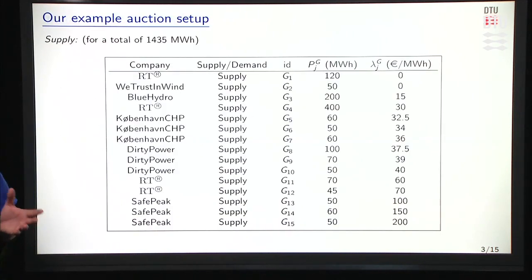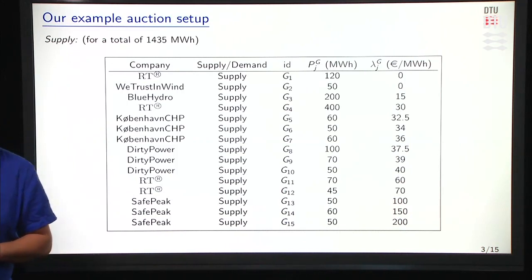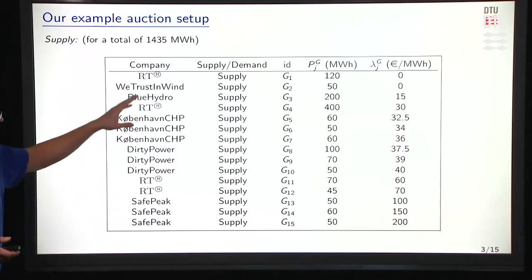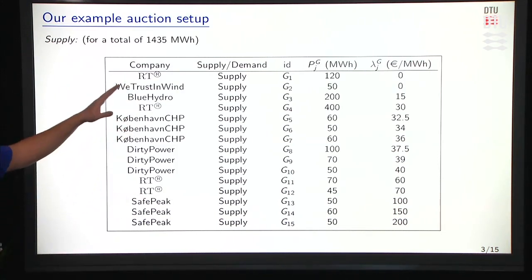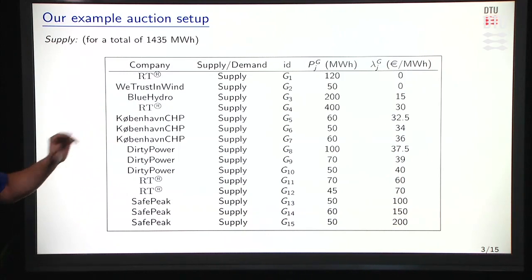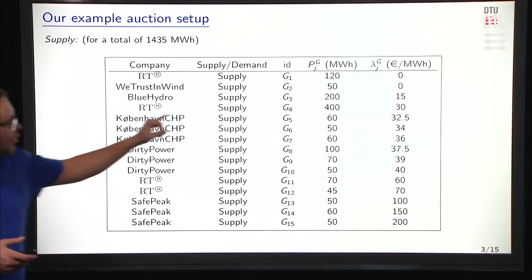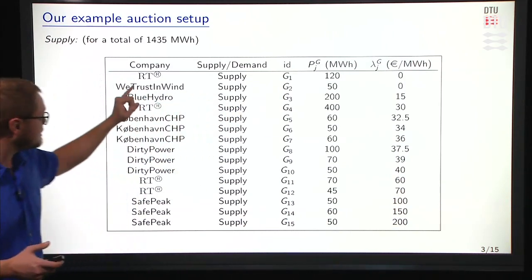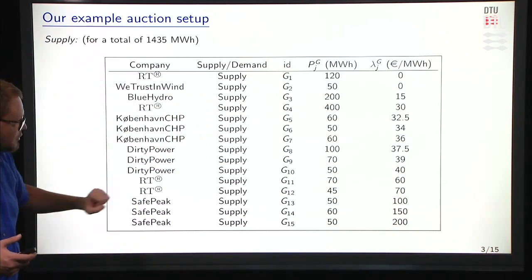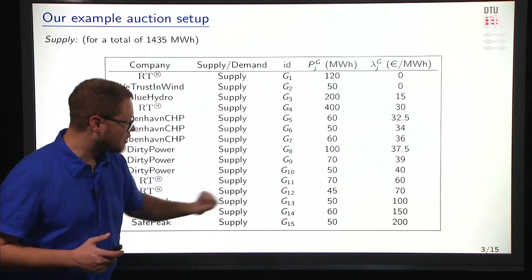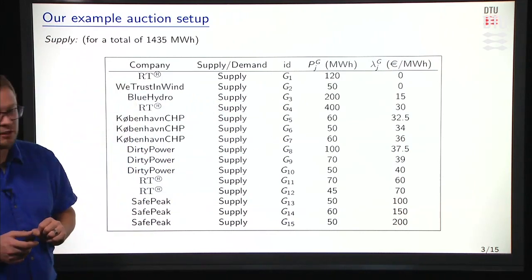To illustrate that, let's go back to our example auction setup. Remember this table with the set of supply offers in our market. We have a number of companies appearing. They appear several times because they may have different blocks of supply offers. They are all with a unit ID though, so you see Rogue Trading, for instance, is appearing 4 times with 4 different supply offers with unique ID here.